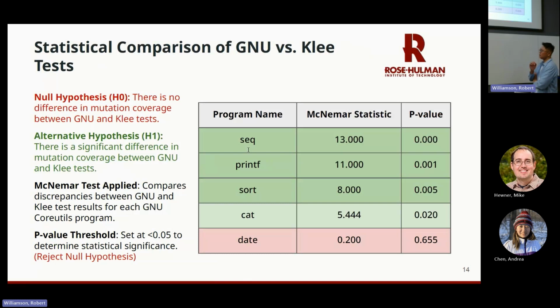Okay, so the objective here was to see if there is actually a clear difference in mutation coverage between the 2. I assumed maybe the CLE test would have equivalent mutation coverage. But it turns out the GNU test just had significantly higher mutation coverage than the CLE test. Okay, so this is just about the coverage in general. Yes.